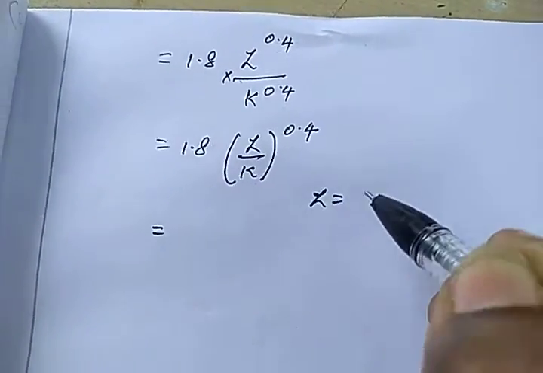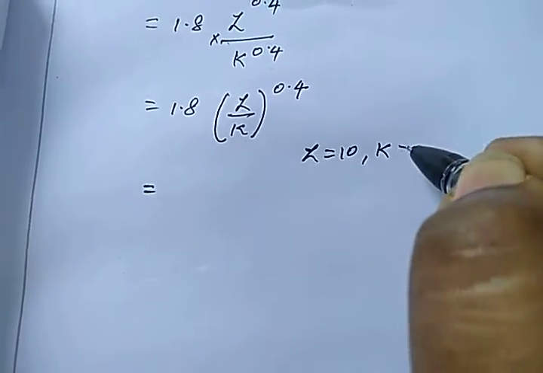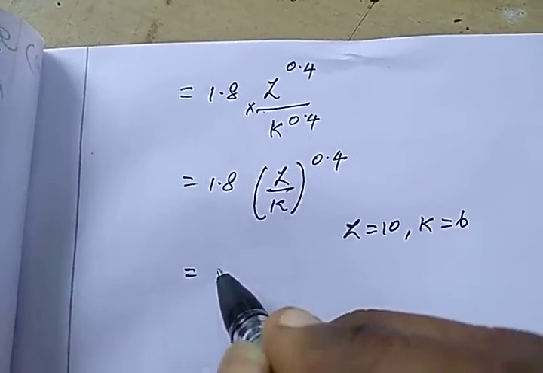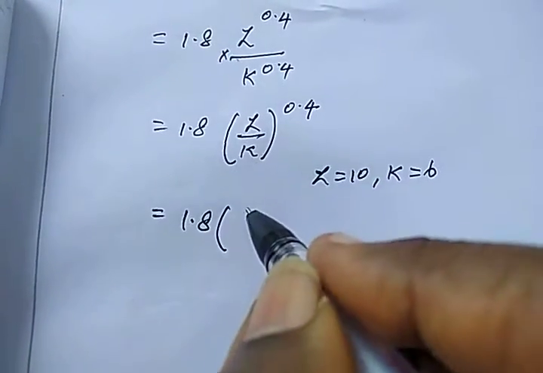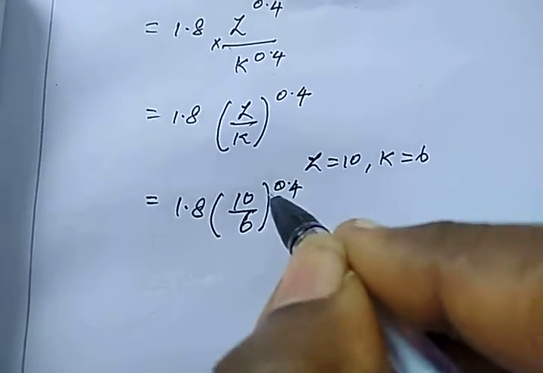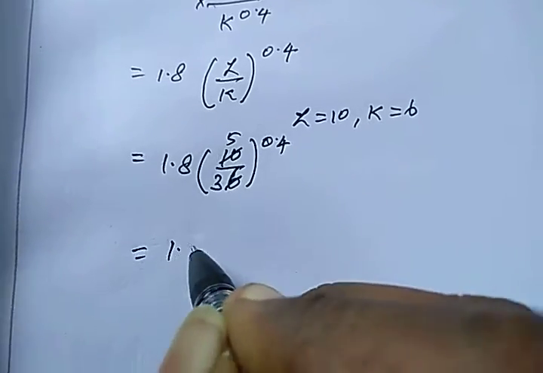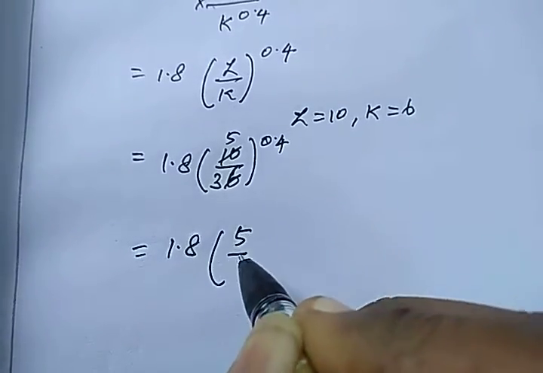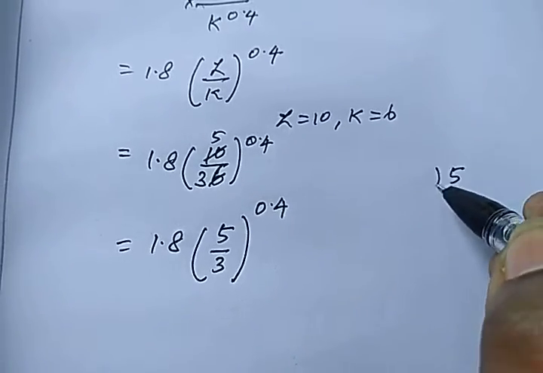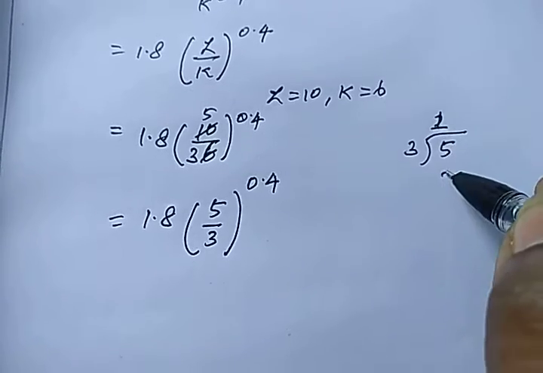Here L is 10 and K is 6. 1.8 into 10 by 6 whole to the power 0.4. Cancel it. 5 2s are 10, 3 2s are 6, which is equal to 1.8 into 5 by 3 whole to the power 0.4. 5 divided by 3. 1 3 is 3.